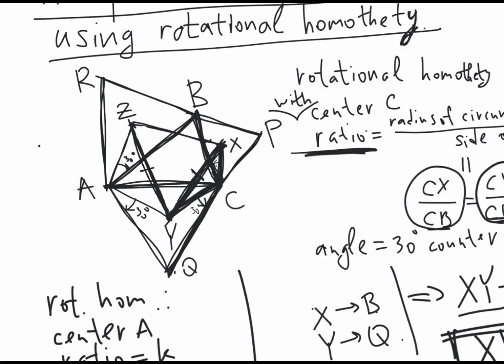Well, and similarly we can prove this by choosing the rotational homothety around point B, so we map ZX to AP, and here the rotational homothety around C, now clockwise.